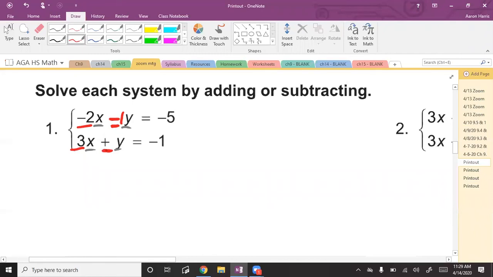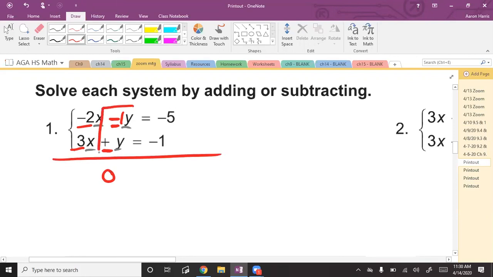A positive 1. If I add a -1 and a positive 1, what number am I going to get? 0. If I add a -2 and a positive 3, what am I going to get? 1. What number am I looking for though? 0.